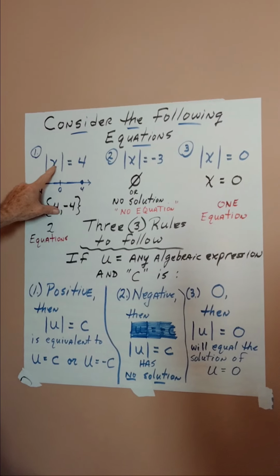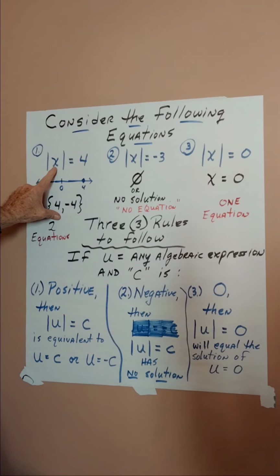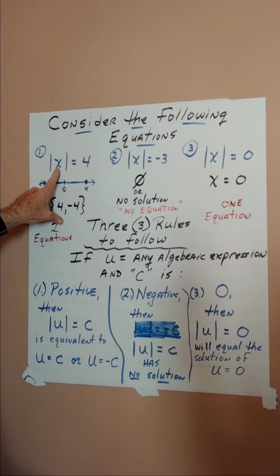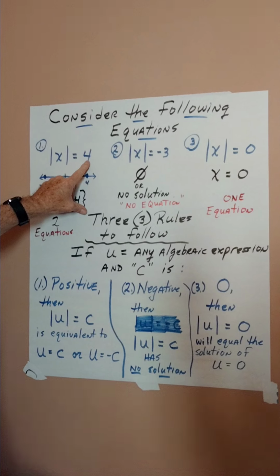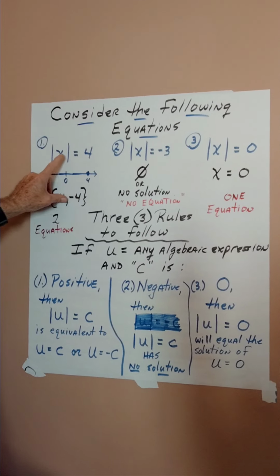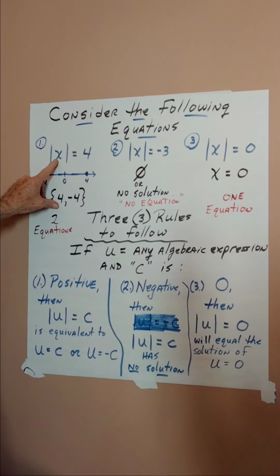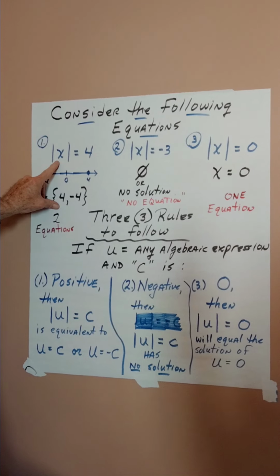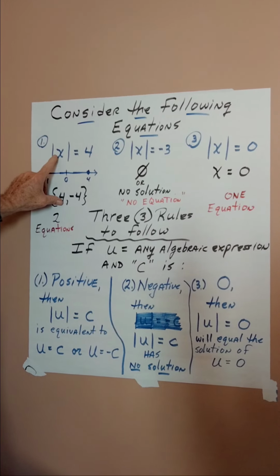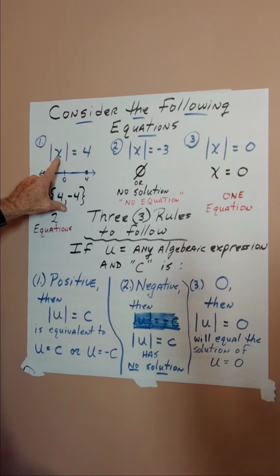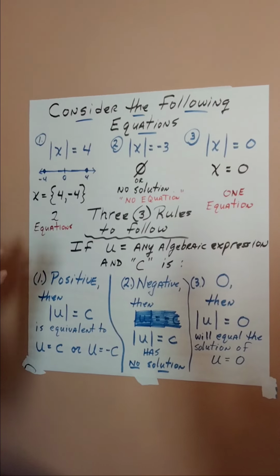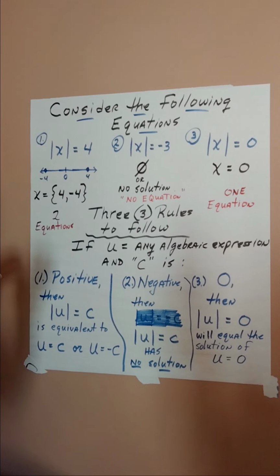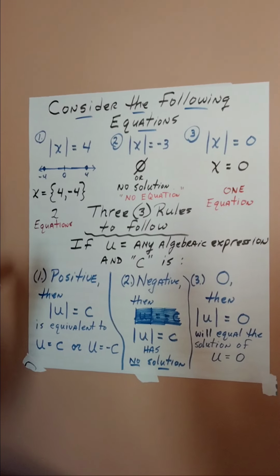This says, when we translate it, the absolute value of x is equal to a positive 4. And here is what it means. The absolute value of x means we need to find a value of x whose distance. Now folks, why am I saying whose distance?